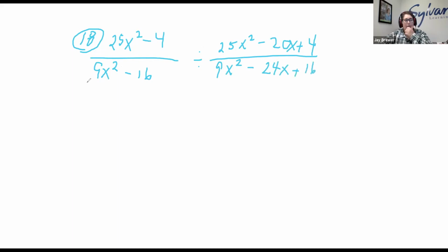Okay. All right, so the first one is the difference of two squares, so we can just go ahead and split that. The bottom is also a difference of two squares. Very nice. I was very nice to you guys.